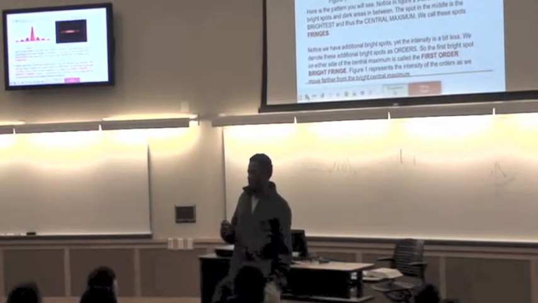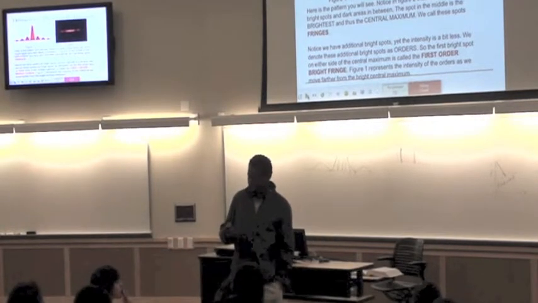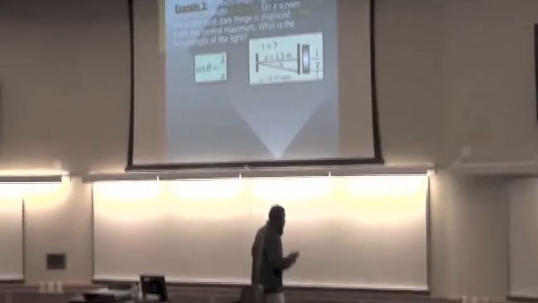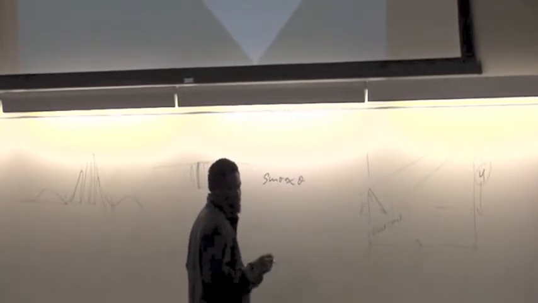Why does the dark spot occur, John? Because of destructive interference, and the bright spot is a result of constructive interference. We said that when theta is small, sine theta is approximately equal to theta.